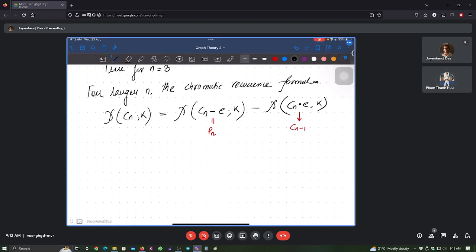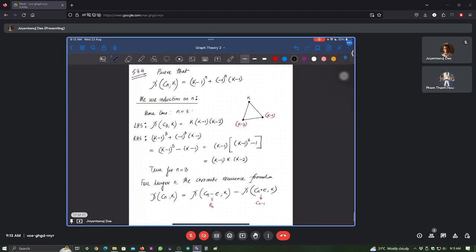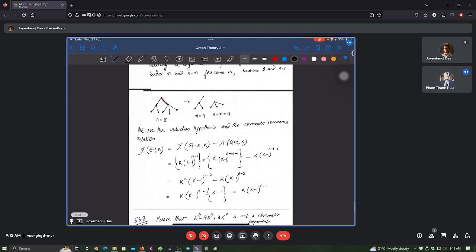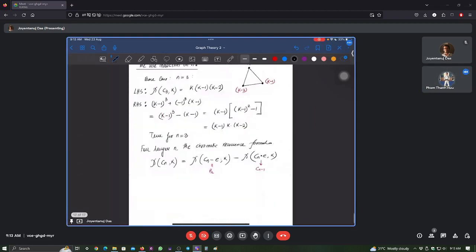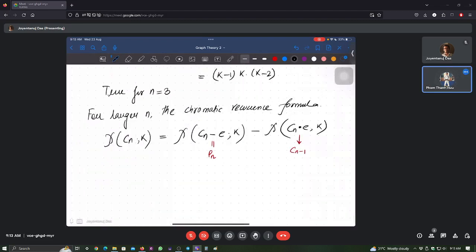Now for the path, what is the chromatic polynomial? Because a path is a tree, we can use the formula for a tree we just computed: k into k minus one to the power n minus one.